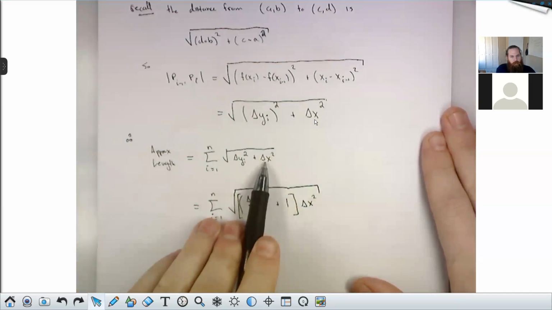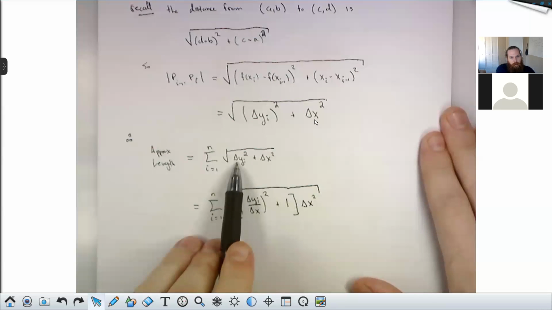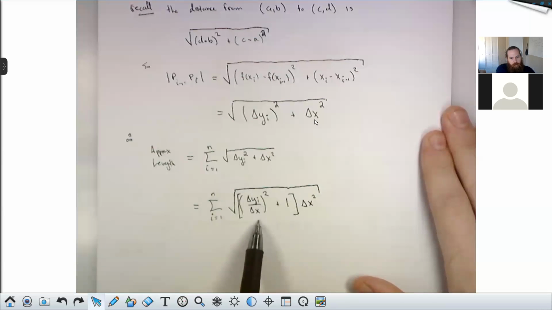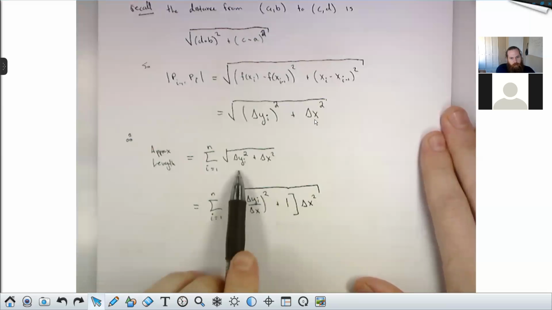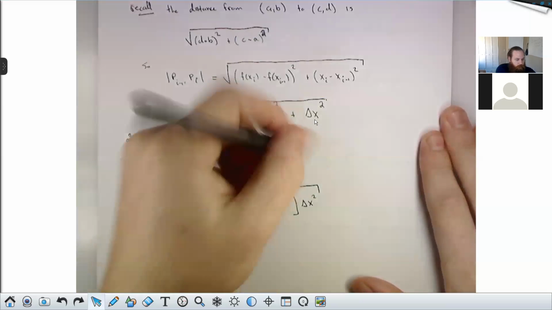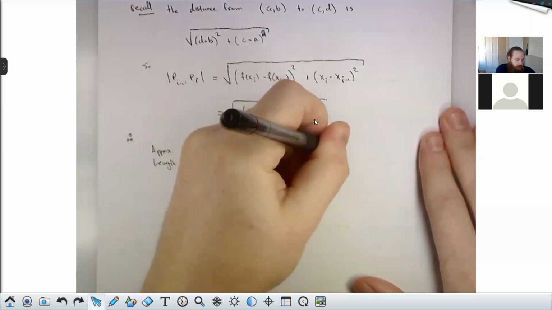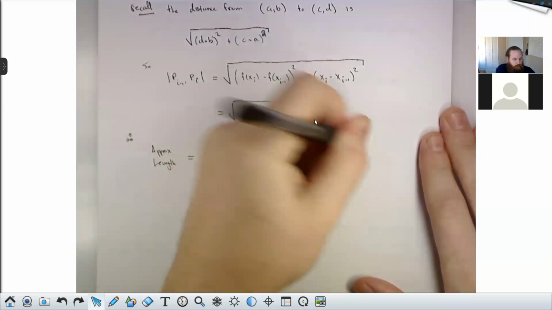So I'm going to force factor this out. So this piece will become a 1. This piece will be divided by this, and then I can treat that square as being delta yi squared over delta x squared. That's the same as delta yi over delta x all squared. And then here's the guy I factored out, delta x squared.